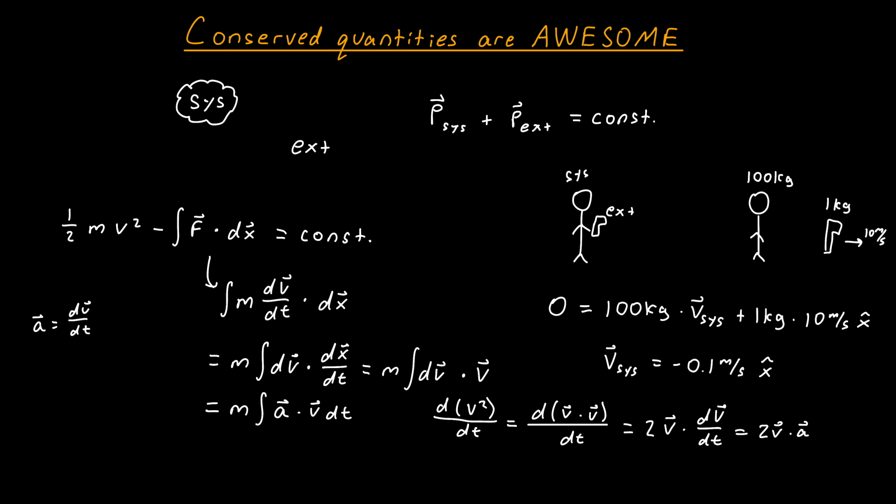And so when we're doing the integral of a dotted into v, which is the same as v dotted into a, this fact basically gives us the answer because integration is just the inverse of differentiation. In other words, we can rewrite this and say that the integral of a dot v is just 1/2 of v squared.